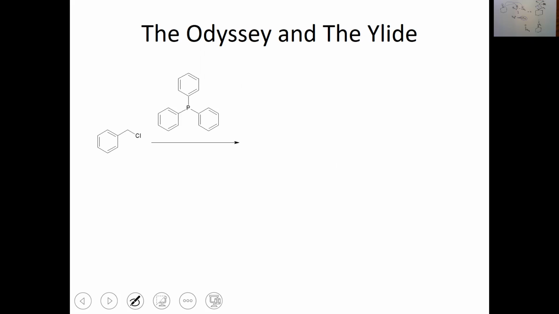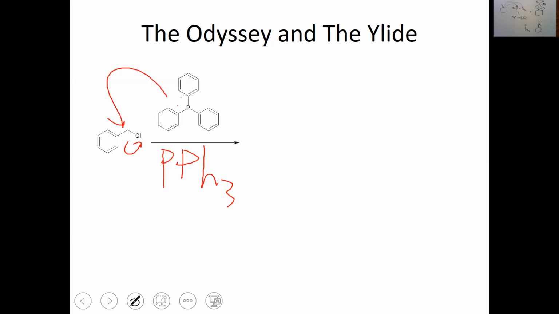So if I have an alkyl halide compound that is capable of being SN2'd, and I add triphenylphosphine, that's this thing, PPh3, triphenylphosphine. Phosphorus in triphenylphosphine has a lone pair. So that lone pair on my phosphorus can attack SN2 to give me triphenylphosphine connected to that benzene, that benzyl group.